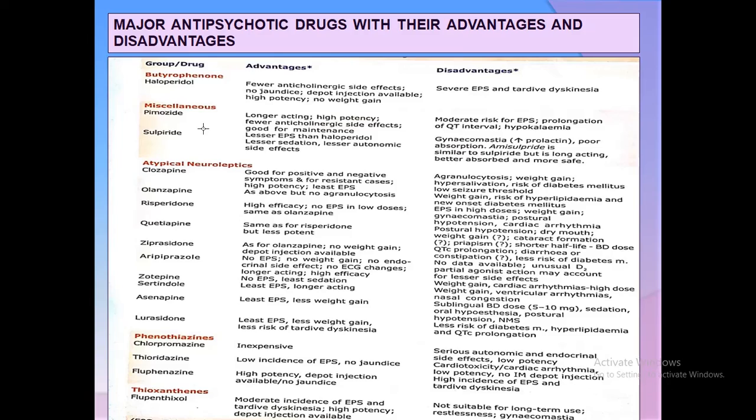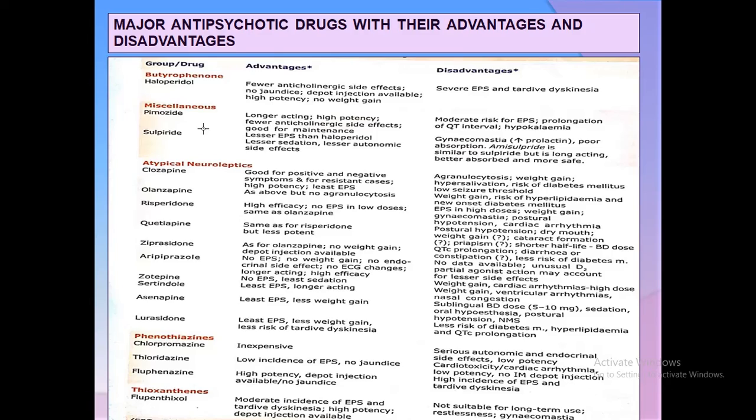Thioridazine: low incidence of EPS and no jaundice are the advantages, while disadvantages are cardiac toxicity and cardiac arrhythmia, low potency, no intramuscular depot injection available. Fluphenazine: advantages being high potency, depot injection available, no jaundice, and disadvantages are high incidence of extrapyramidal syndrome and tardive dyskinesia.